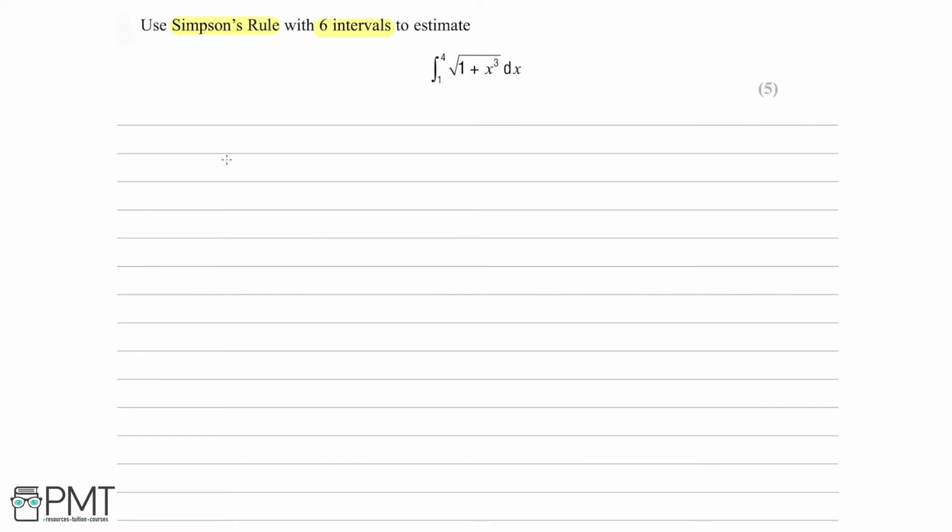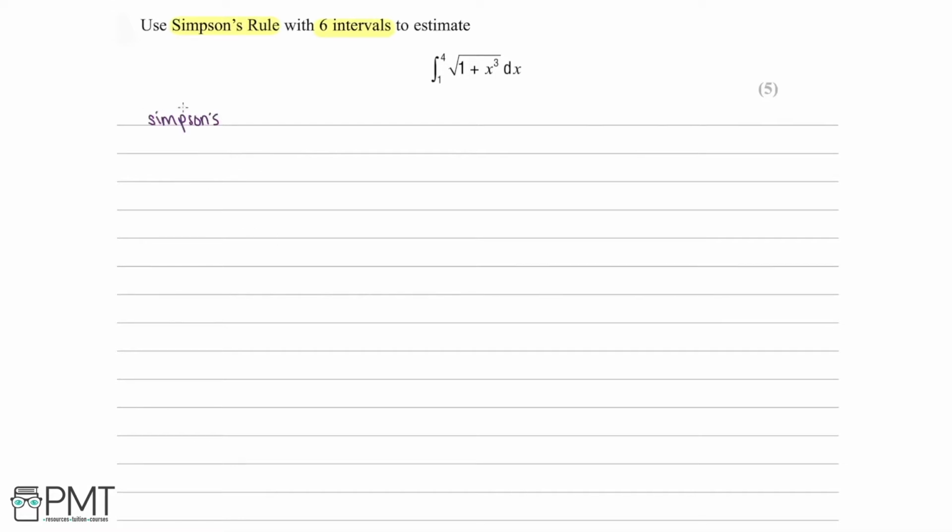Well, like the trapezium rule, it is an approximation that uses quadratic polynomials in order to estimate the area under a curve. You're not given Simpson's rule in your data book, so you need to remember what it is.